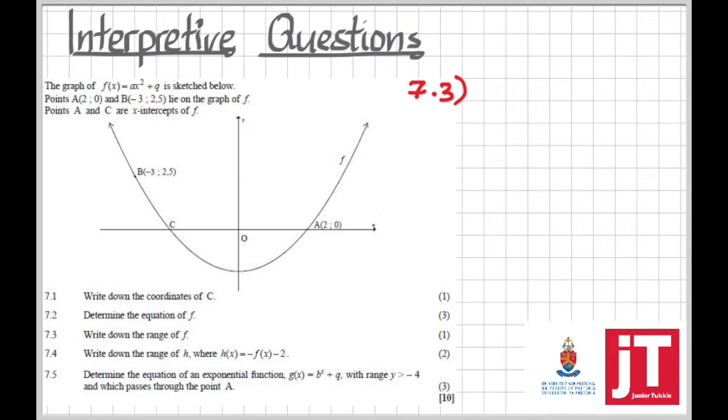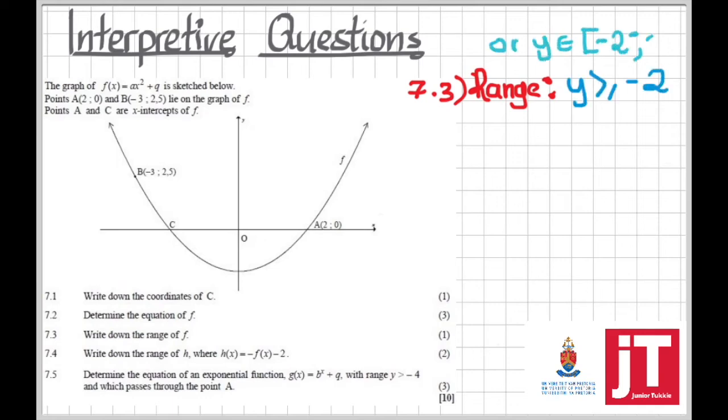Because our a value is positive, we know that we're going to have a range of y greater than or equal to our q value. Therefore, to write it down, our range will be y greater than or equal to negative 2, or written as y an element of [-2; infinity). Up to infinity and not 0. I'm just going to correct that.